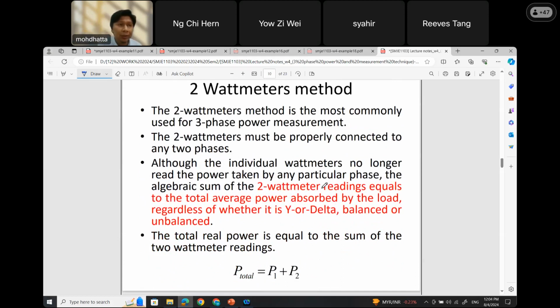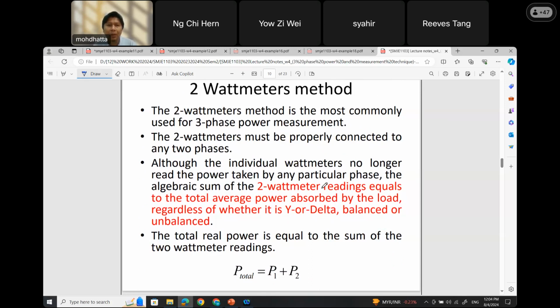Although our generator will be a balanced supply, on the load side it's quite difficult to get a balanced load for the 3 phases that we have.